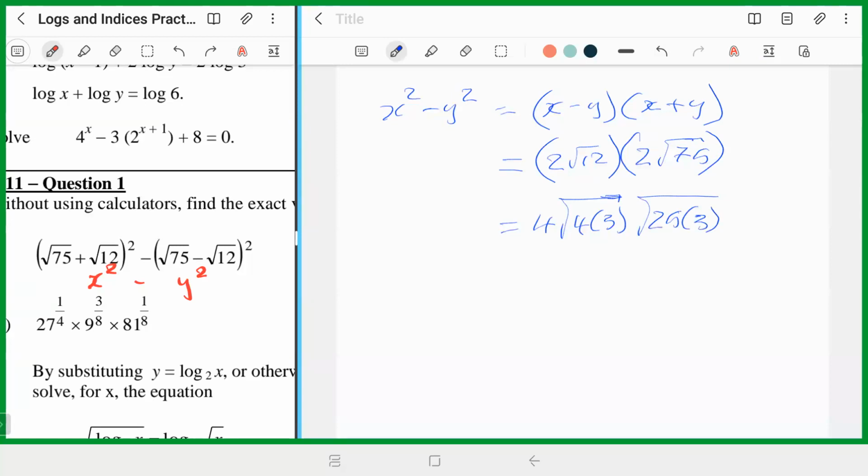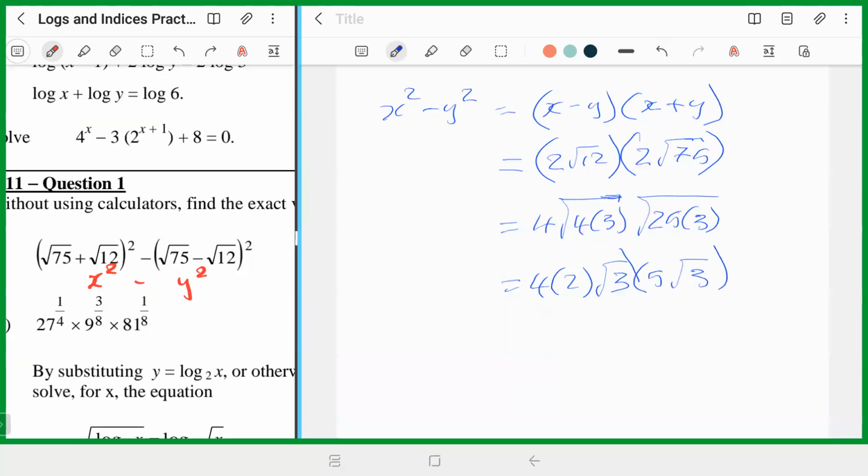Then the square root of 4 is 2, and the square root of 25 is 5. So I get 4 times 2 times the square root of 3 from this one, and then 5 times the square root of 3.